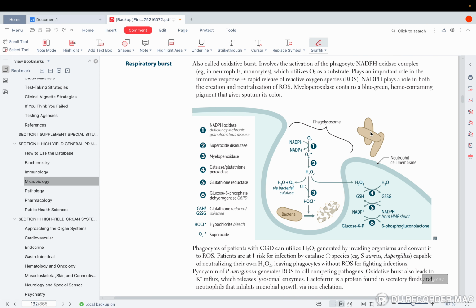So the next thing I'm going to speak about is the respiratory burst. In which cell does the respiratory burst occur? The neutrophils and the monocytes, yep. Okay, so it helps us to destroy the bacteria. Let's say somebody doesn't have this. He does not have an NADPH oxidase.